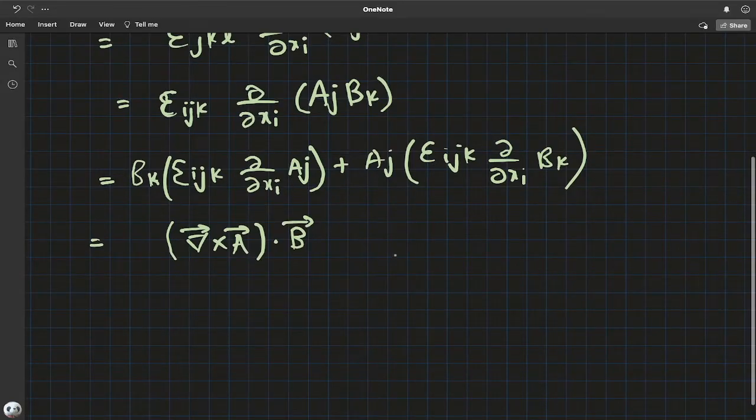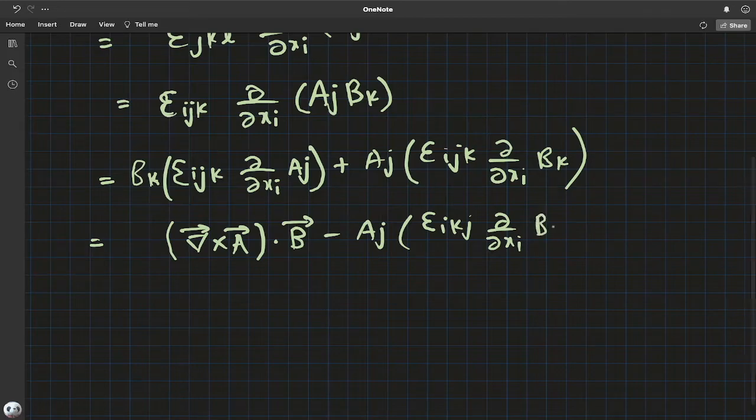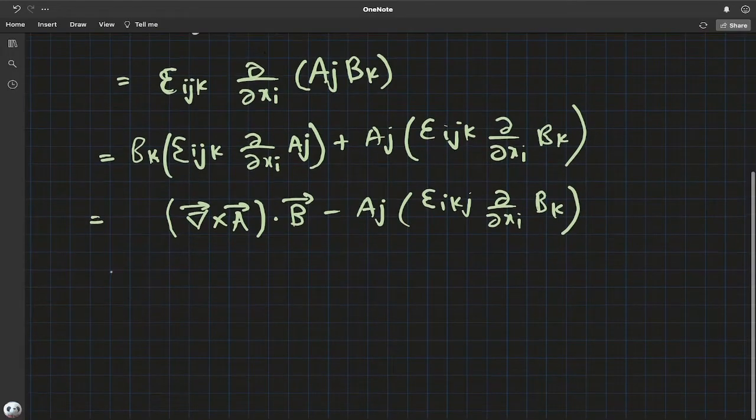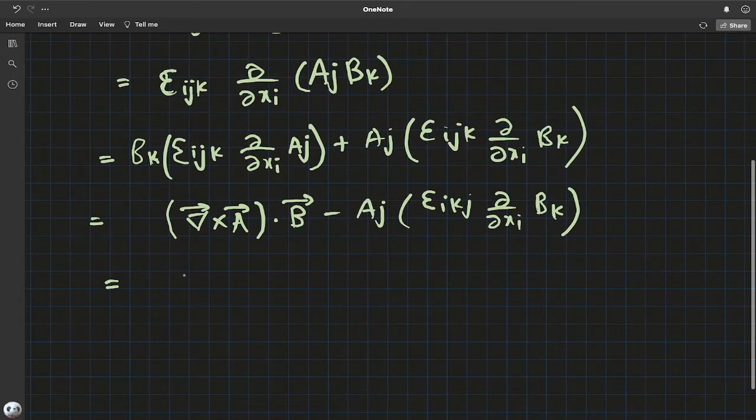And then for this guy here, if we take a negative, we have aj epsilon ikj partial xi bk. I just shuffled the indices of this Levi-Civita.